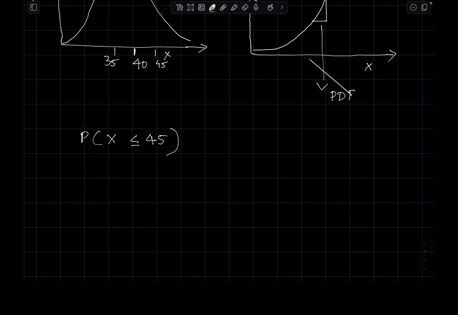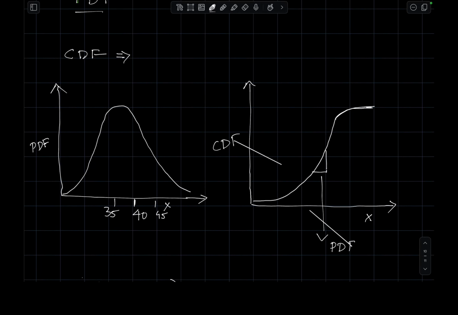So how is it? I haven't really understood. What does it mean when you say the PDF is different at different points of the sigmoid curve on the CDF? I don't know if I'm explaining my question properly.